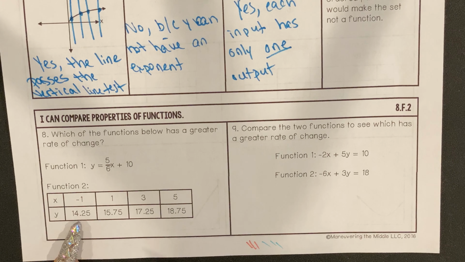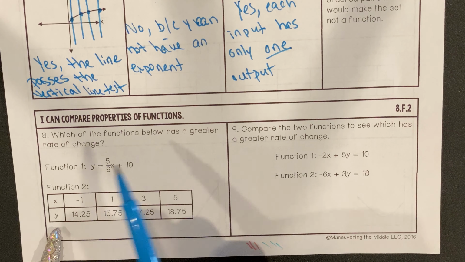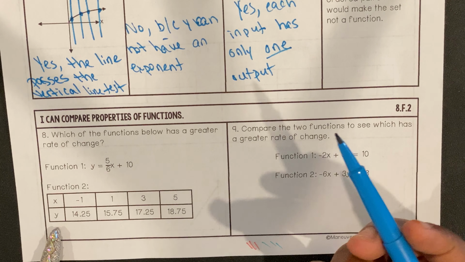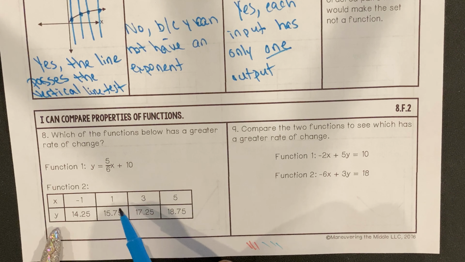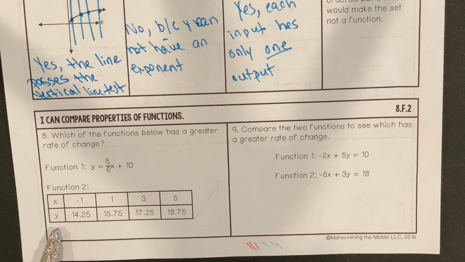So you need to find what the formula is going to be. There are 2 ways you can do this. You can do y divided by x, or you can take your 2 points and do y2 minus y1 over x2 minus x1.